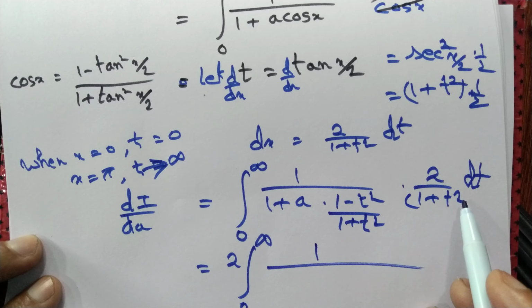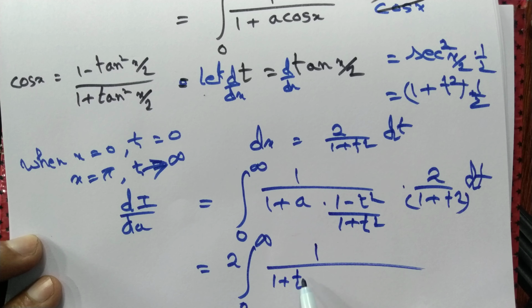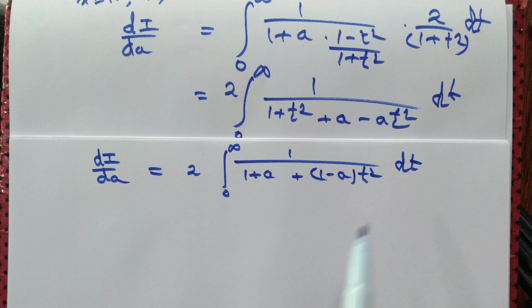When we multiply by 1 + t², we get 1 + t² + a - a t² in the denominator. Can we integrate it? Yes. So we have dI/da equal to 2 times the integral from 0 to infinity of 1/((1 + a) + (1 - a)t²) dt.